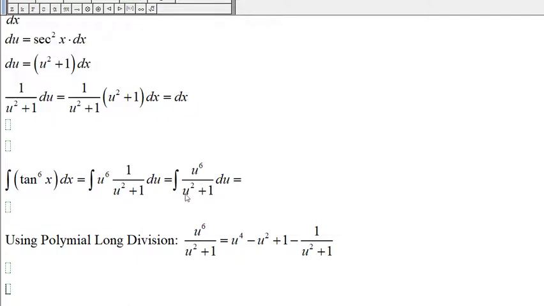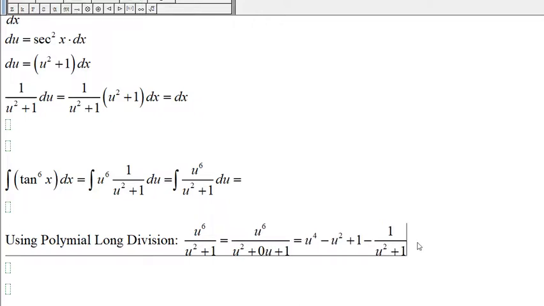Using polynomial long division, we write this as u squared plus 0u plus 1. And then we get u to the fourth minus u squared plus 1 minus 1 over u squared plus 1.